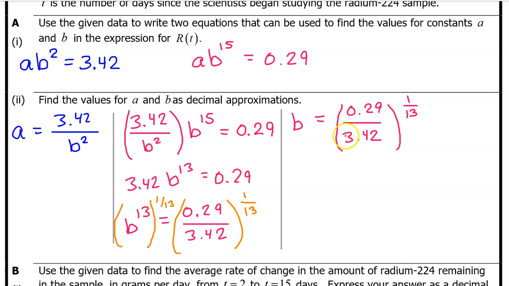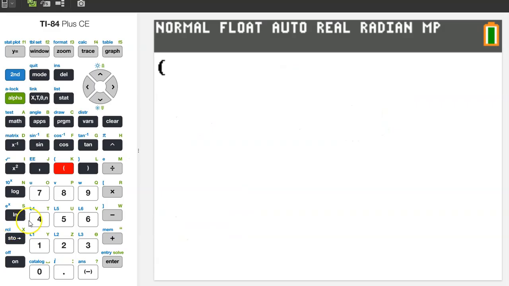We can find the decimal approximation for b by typing this expression into the graphing calculator. Make sure you know how to make a vertical fraction on your calculator. One way is to hit alpha y equals enter. Or if your software is up to date, try hitting alpha x, and that might do it even faster.